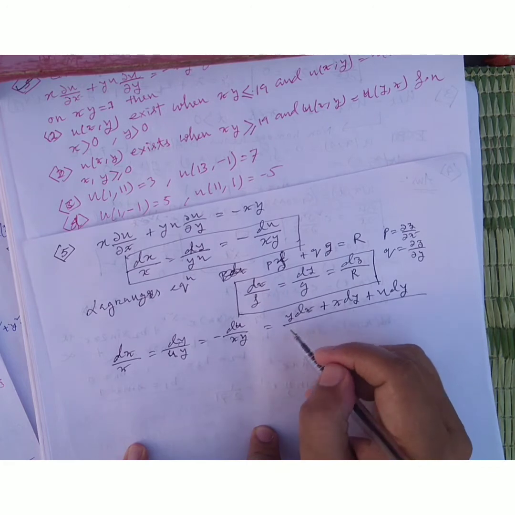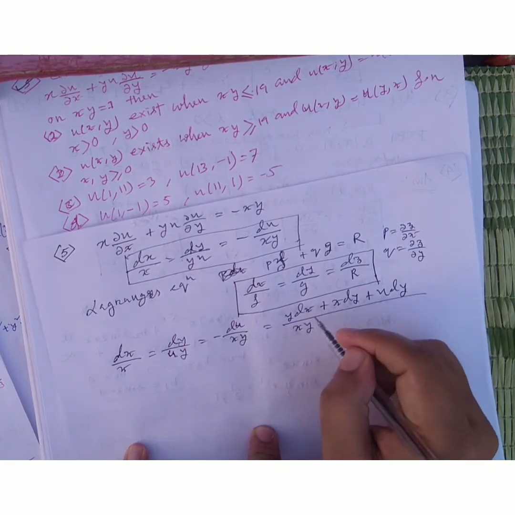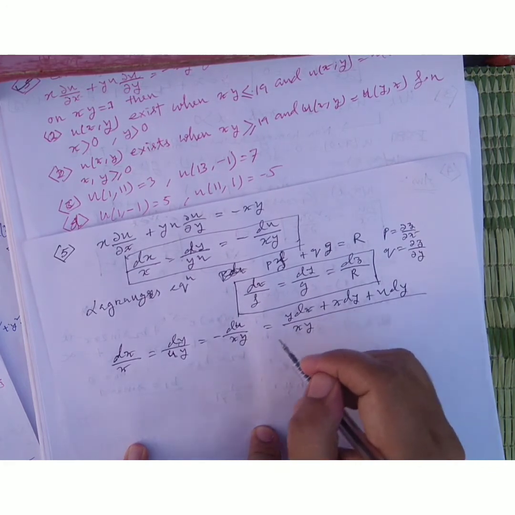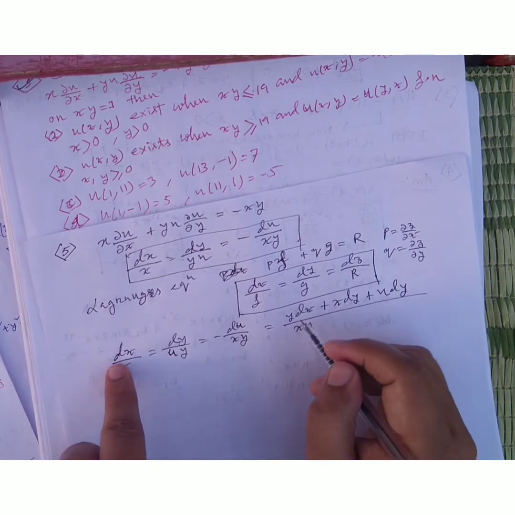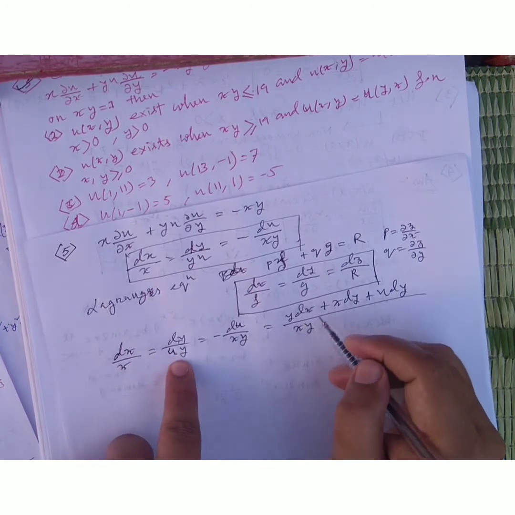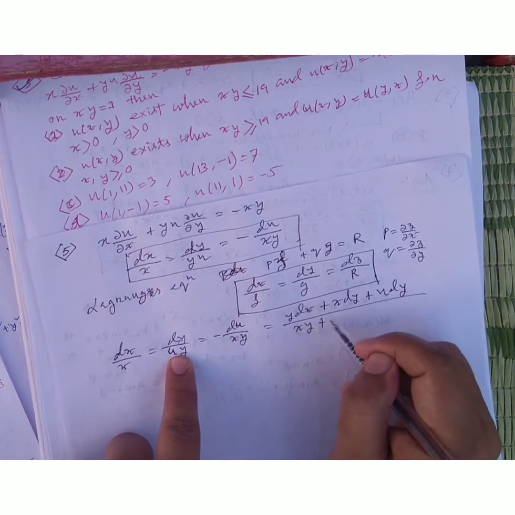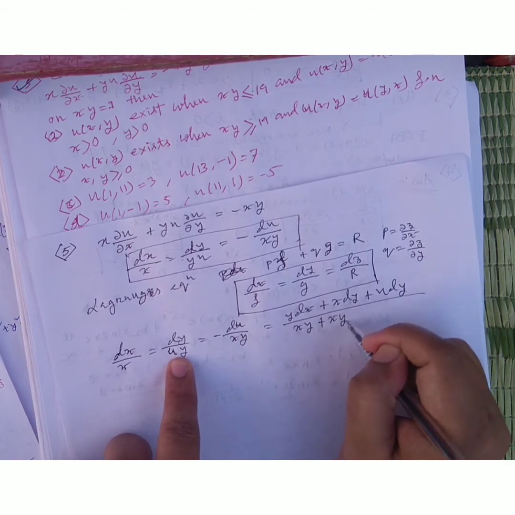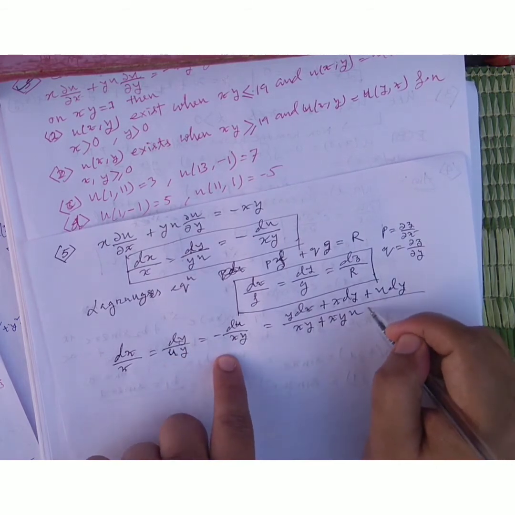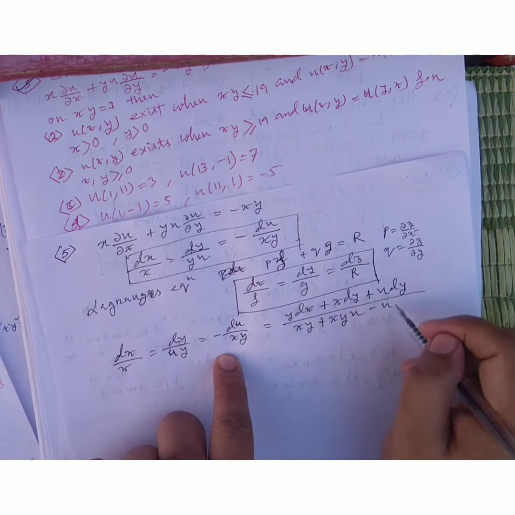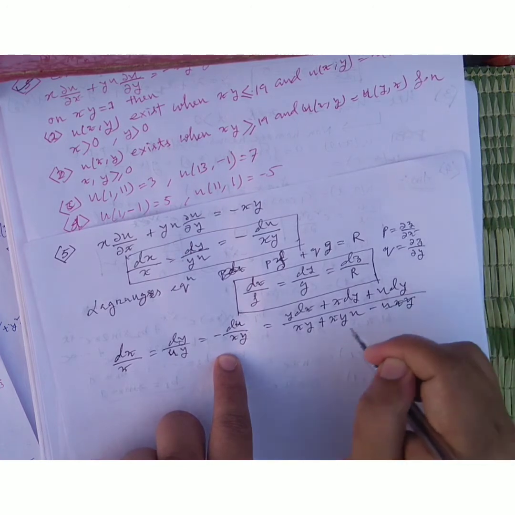And whatever I get, xy and x multiply xy, and here xy u, and here u xy, so it is cut.